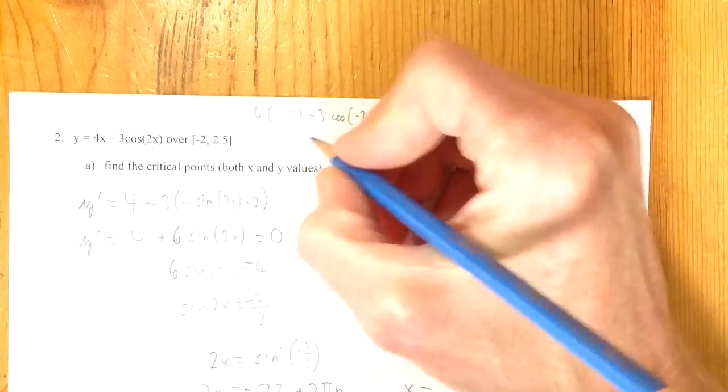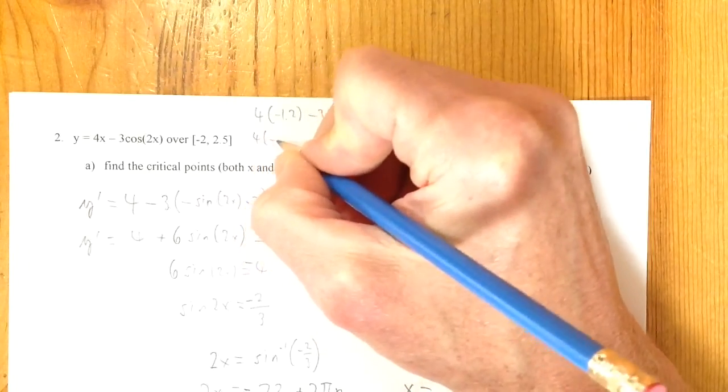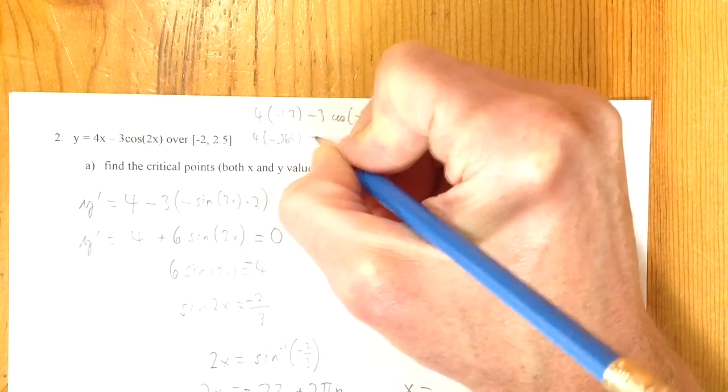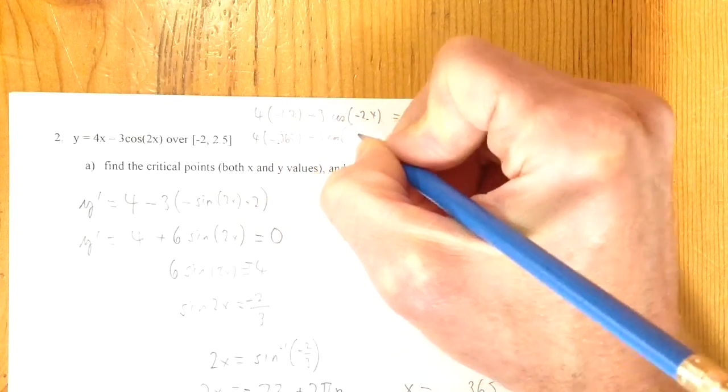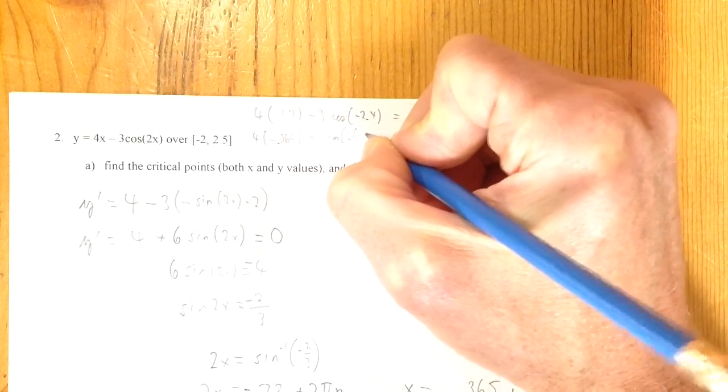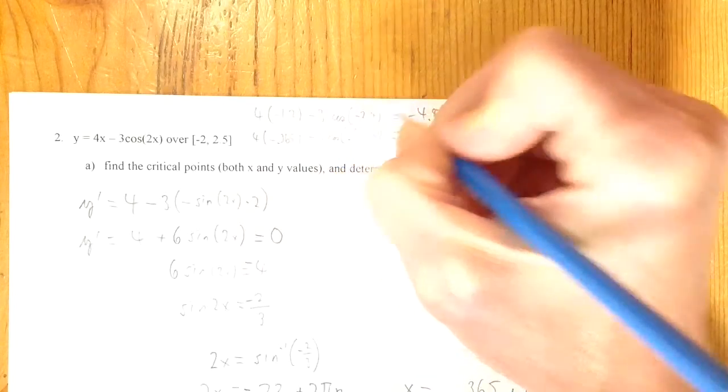Next one, negative 0.365. So 4 times negative 0.365 minus 3 times cosine of 2 times negative 0.365. A lot of calculator work.